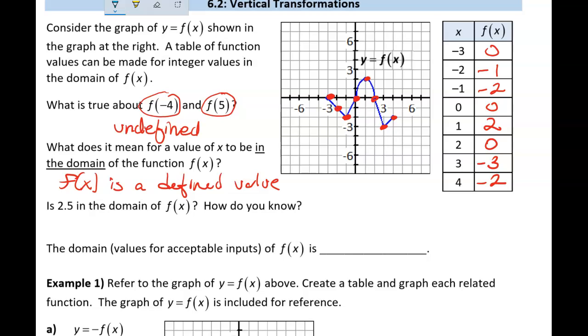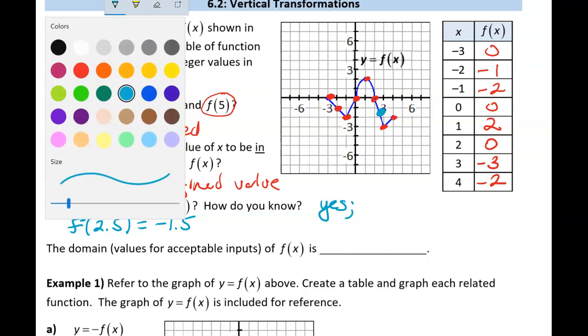Now, let's talk about the number 2.5. There is a y value when x is equal to positive 2.5. So 2.5 is in the domain, yes, because f of 2.5 is -1.5. There is a y value on the graph associated with x equals 2.5.